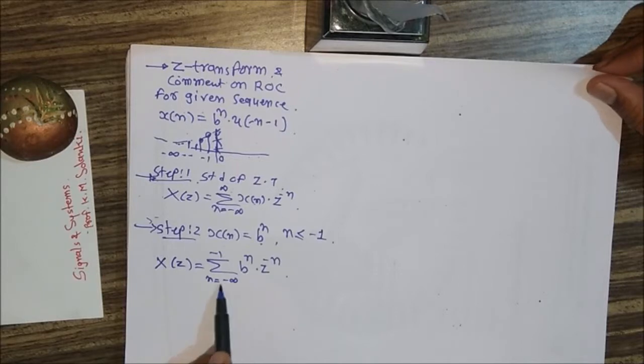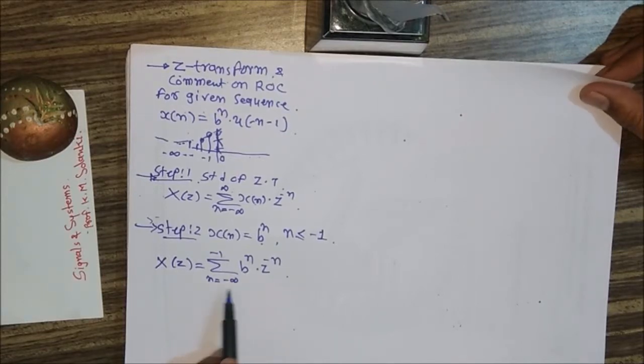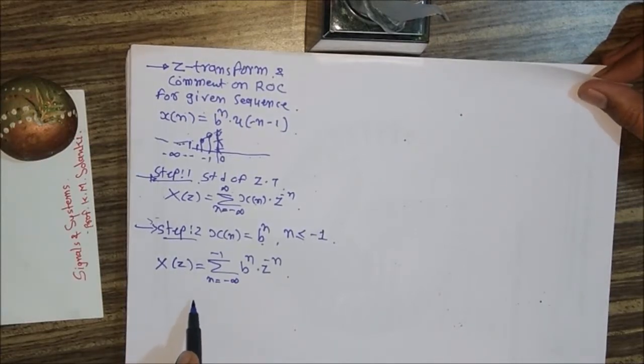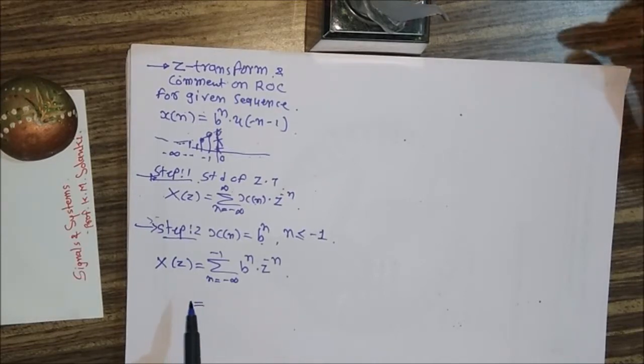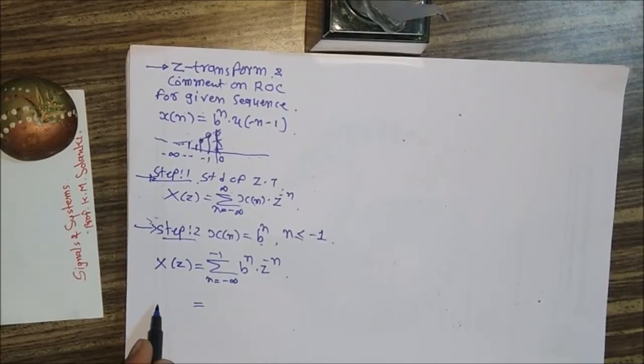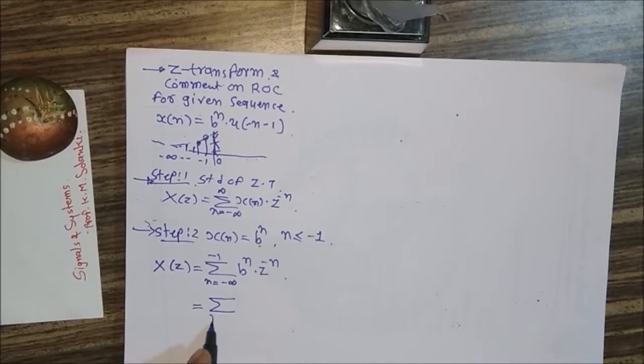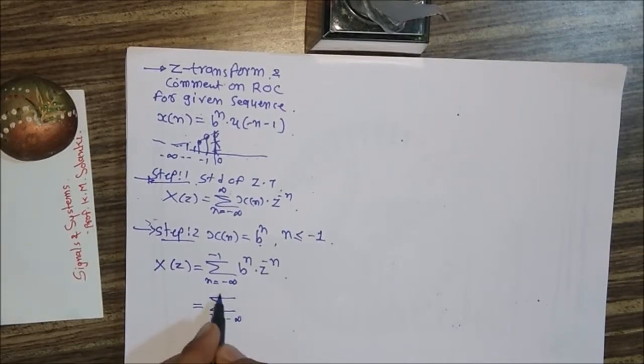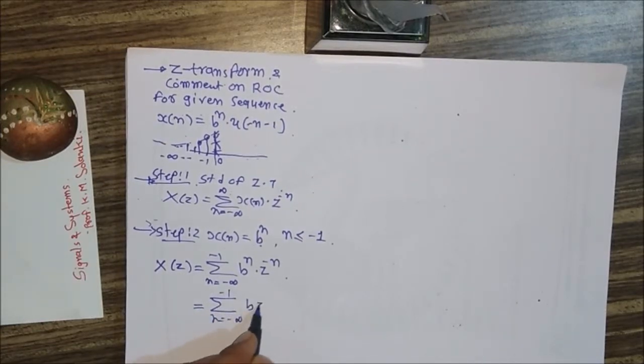If we consider this as the general limit, we should answer it like this. So one way to answer this example is by considering this limit from minus infinity to -1. The solution then becomes the summation for n = -infinity to -1 of (b z^-1)^n.